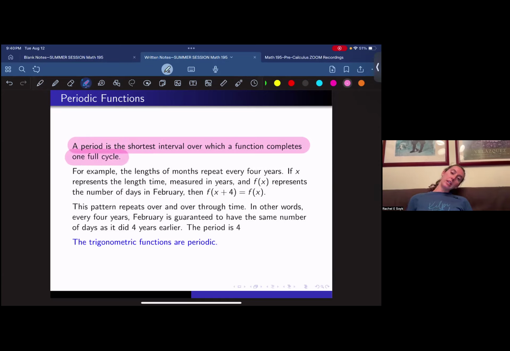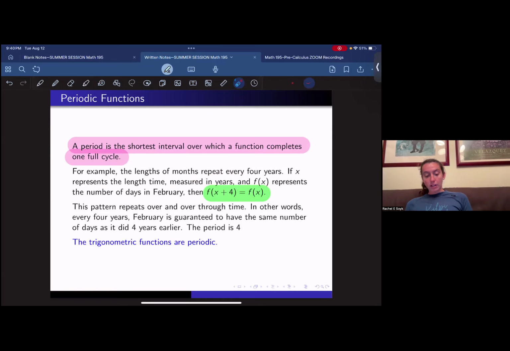If you're looking at a function f of x, this example is saying f of x plus 4 tells us that every 4 years, our units are years here, we have our function repeated.